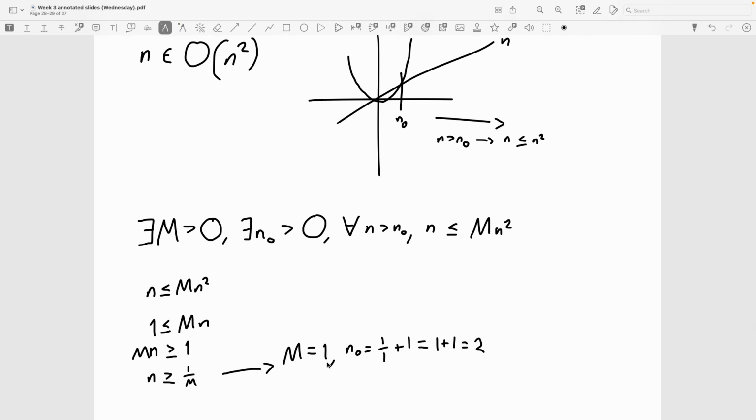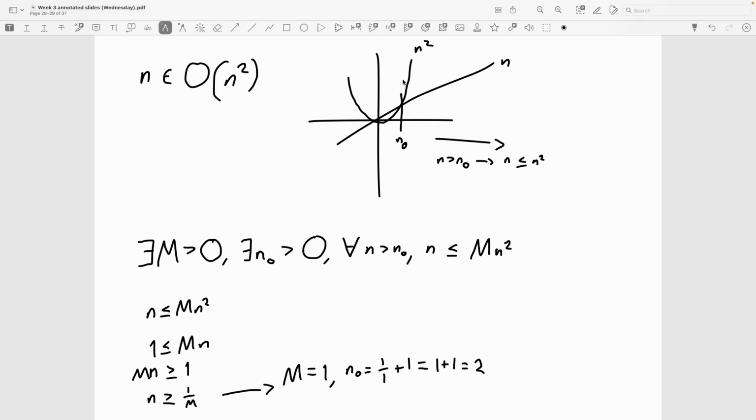Likewise, m equals 1 was a total arbitrary guess. I chose it because it would be the easiest to work with. But yeah, we could have multiplied n squared by any integer, any positive number, in fact, I think, and the inequality would still work. It's cool.